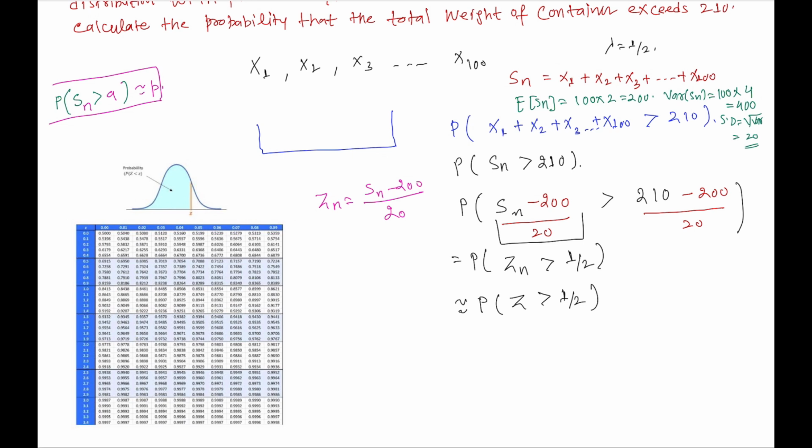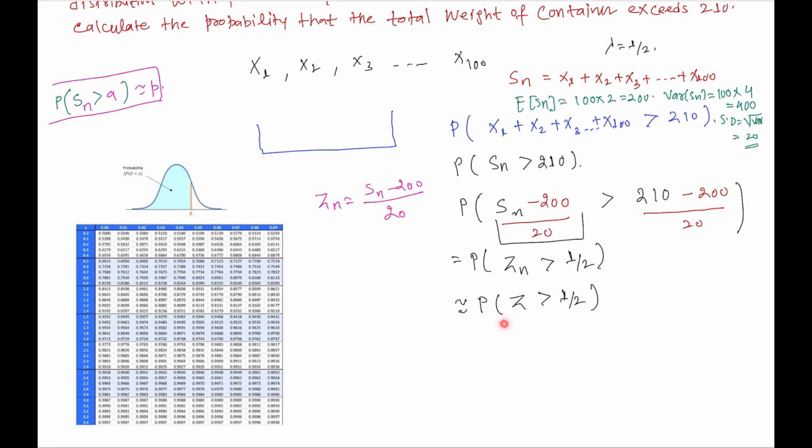So now we have here the standard normal table, and this table gives you the probability of the standard normal random variable, such that if Z is a normal random variable, this table gives you the probability that Z is less than or equal to a value, that is little z, right?